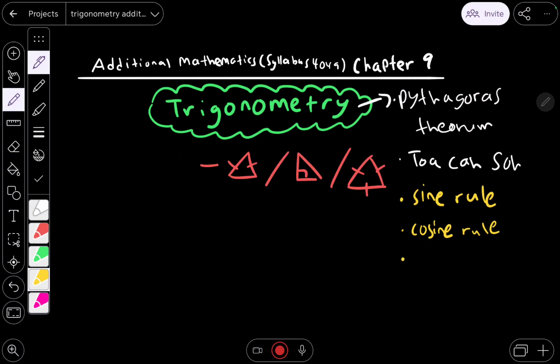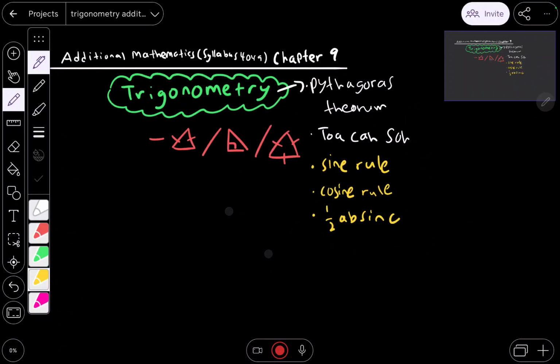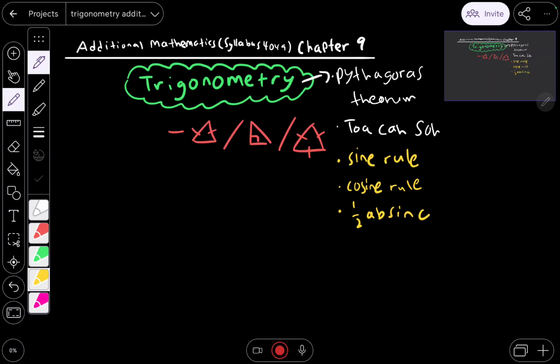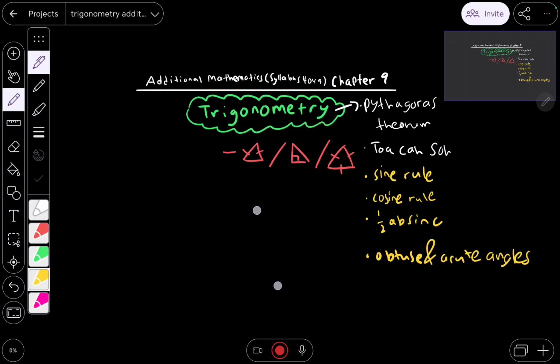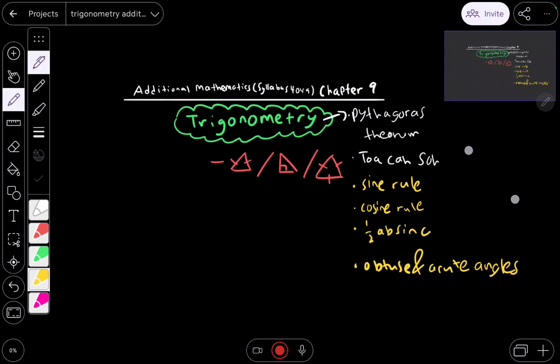We have learned about this formula, half AB sine C. And then we have also learned about the obtuse and acute angles. Alright, so that is it about trigonometry.